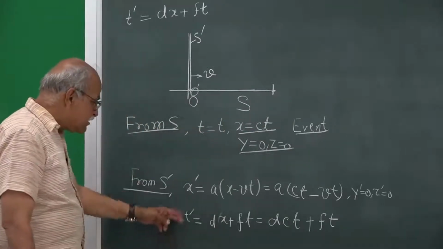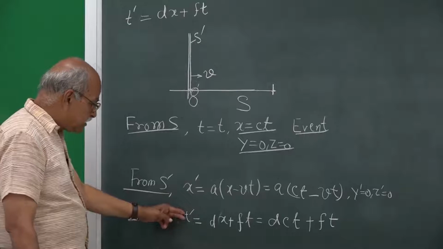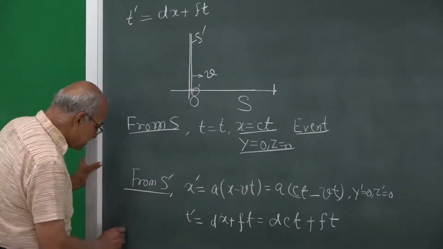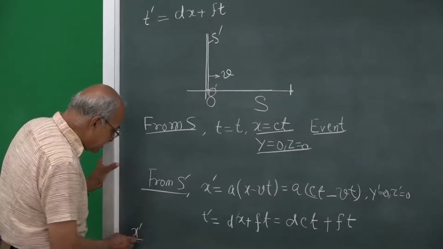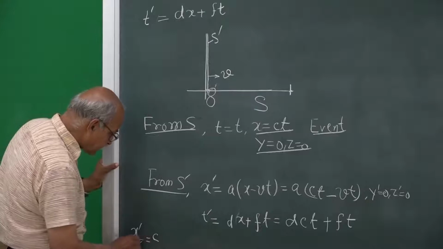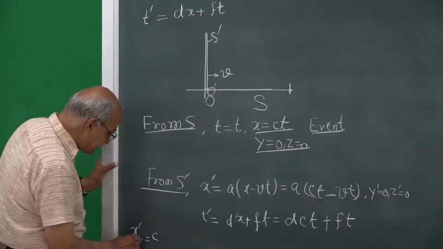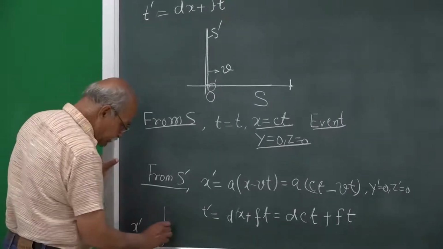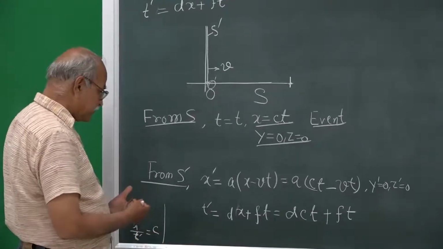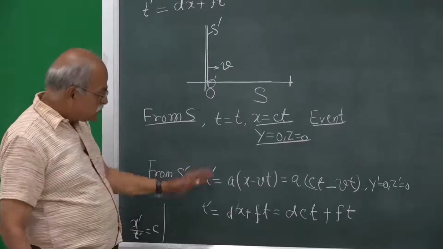Hence, if you divide x prime by t prime, that must be c. So, x prime should be c into t prime.